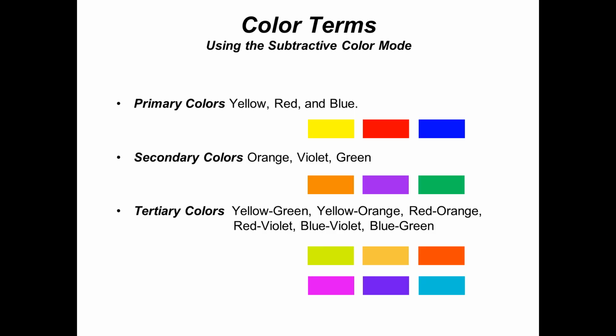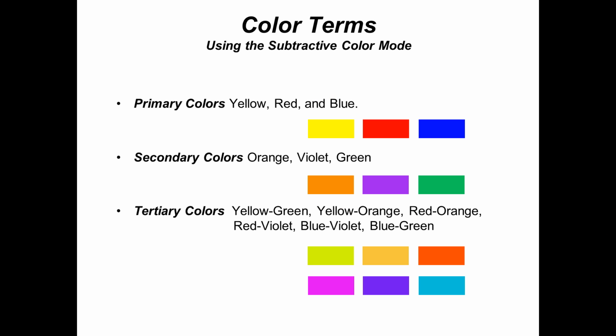Now we're going to be using the subtractive color mode in this discussion. There's also the additive color mode, and in the additive color mode there's different primary colors. But for the purposes of this discussion, we're going to stick with subtractive color. So the primary colors used in subtractive color mode are yellow, red, and blue. You cannot mix these colors from other colors.